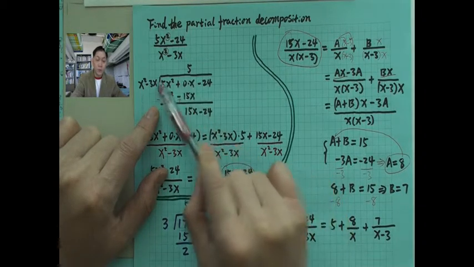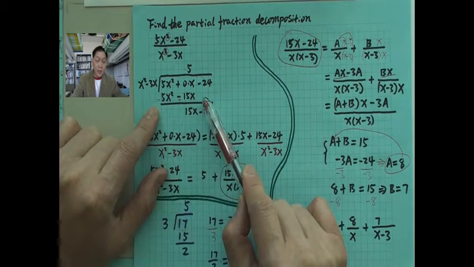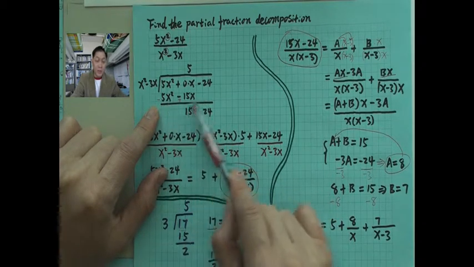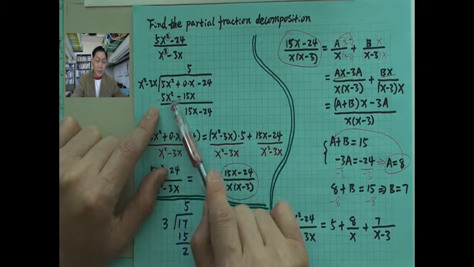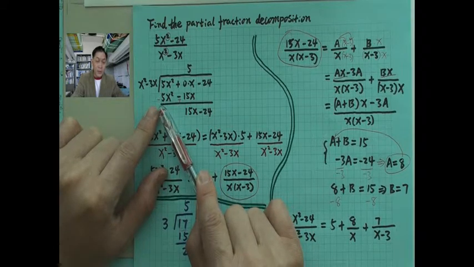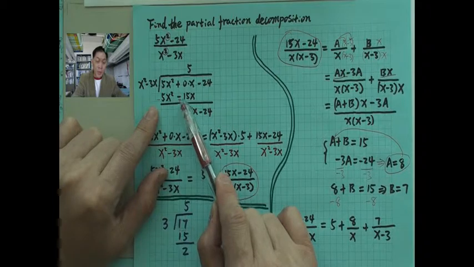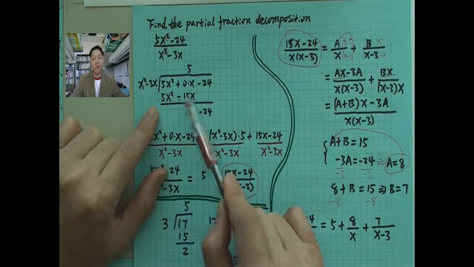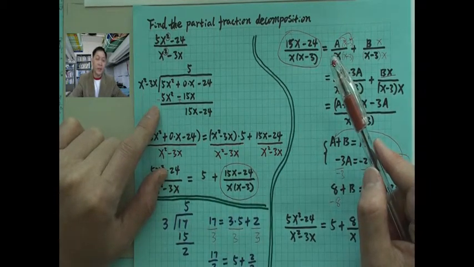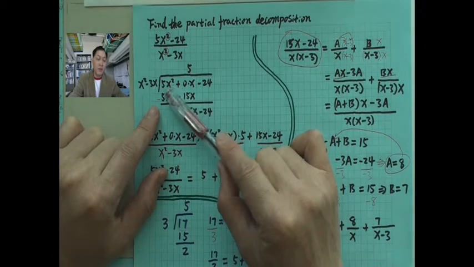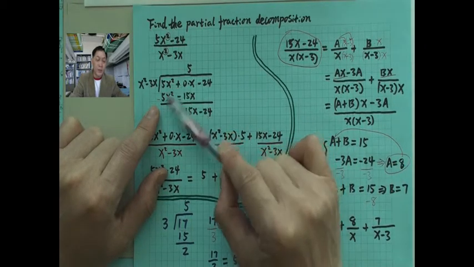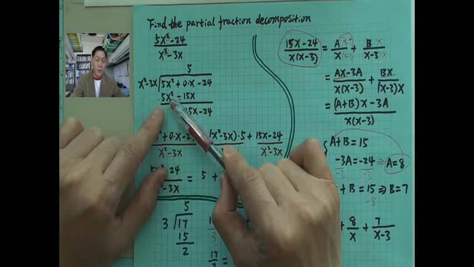You do upstairs minus downstairs, so you change the sign for the downstairs. Positive 5x squared minus negative 15x. When you do subtraction, you have a minus minus, so it's positive 15x. Now 5x squared positive, downstairs negative 5x squared.